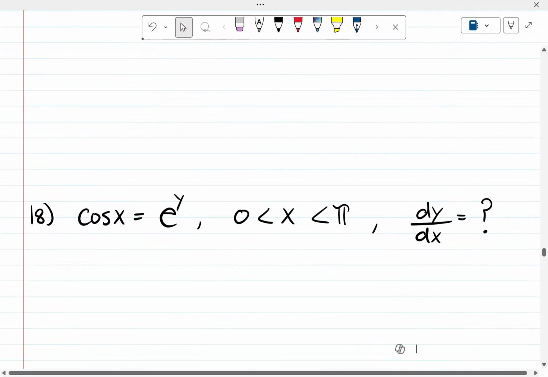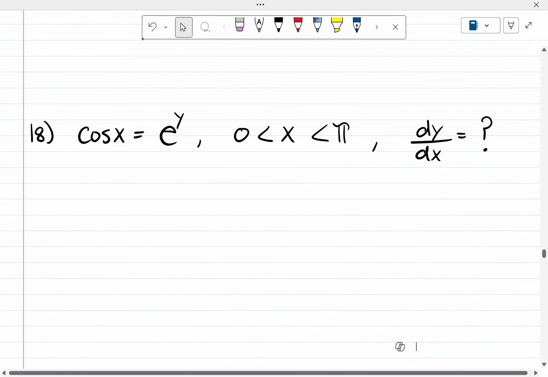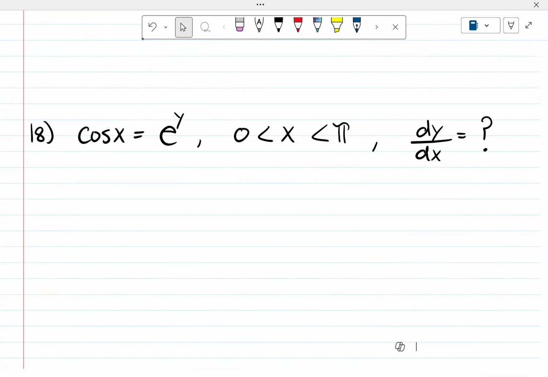So number 18, we have cosine of x equals e to the y, from 0 to pi, find dy/dx. So just take the derivative of both sides. What's the derivative of cosine of x? It is negative sine of x. What's the derivative of e to the y with respect to x? Be careful.